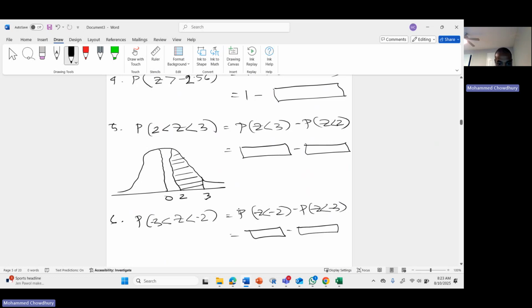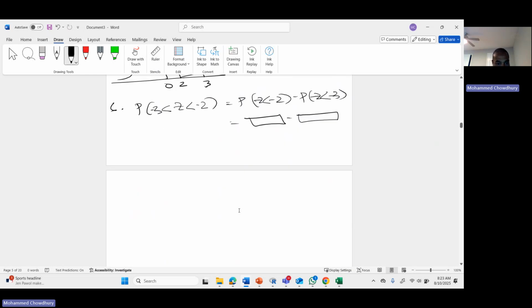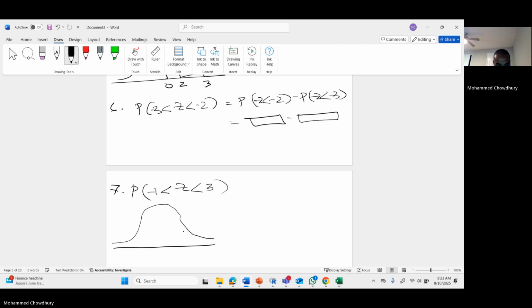Okay, after doing this, now you can find number 7, probability of Z between negative 1 and 3.